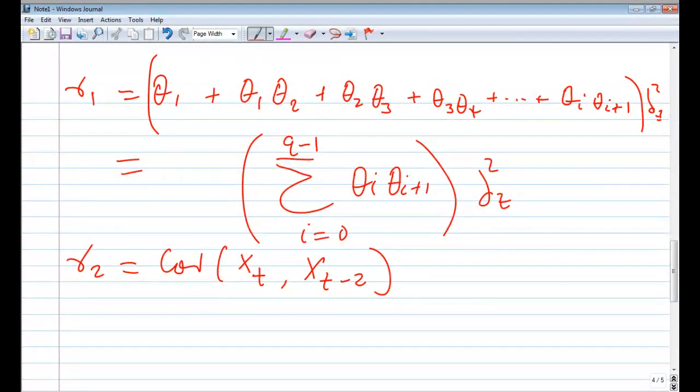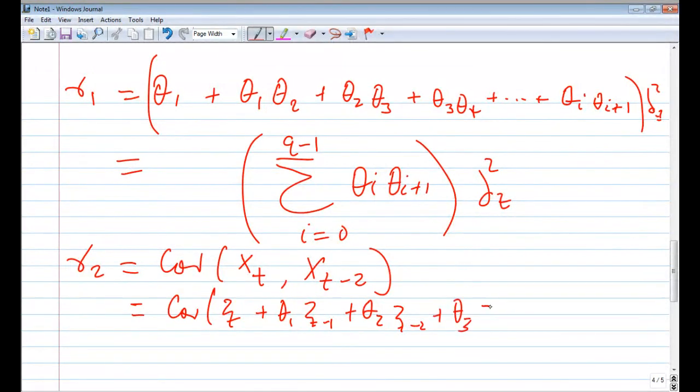Okay. So now, covariance of that. So what is the covariance of Xt? It is Zt plus theta 1 Zt minus 1, theta 2 Zt minus 2, theta 3 Zt minus 3, theta q Zt minus q, comma. So what is Xt minus 2?